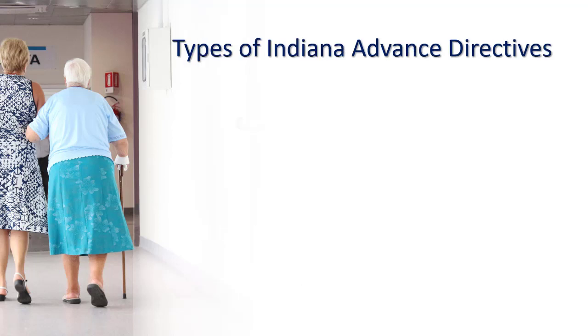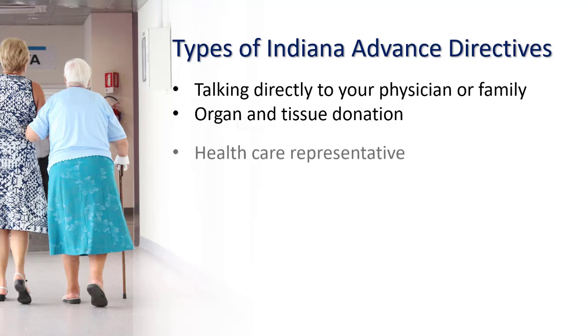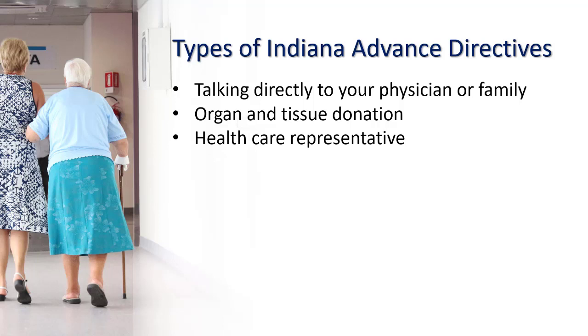So the types of Indiana advanced directives. First, it's very important for the patient to talk directly to their physician or their family to make their wishes known. There are organ and tissue donation advanced directives. There is the healthcare representative.